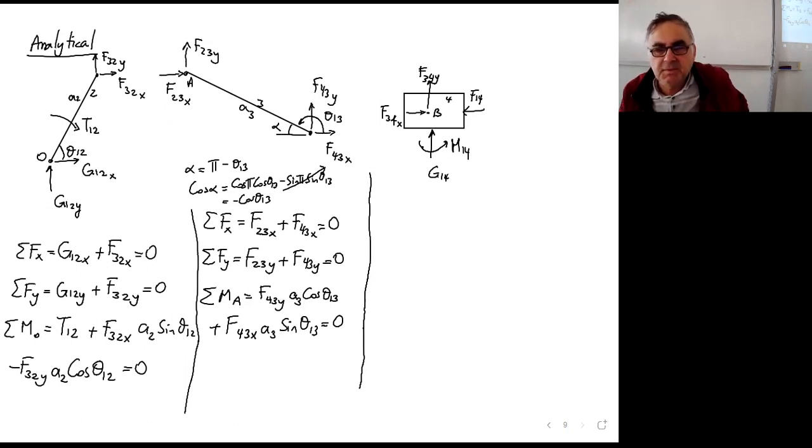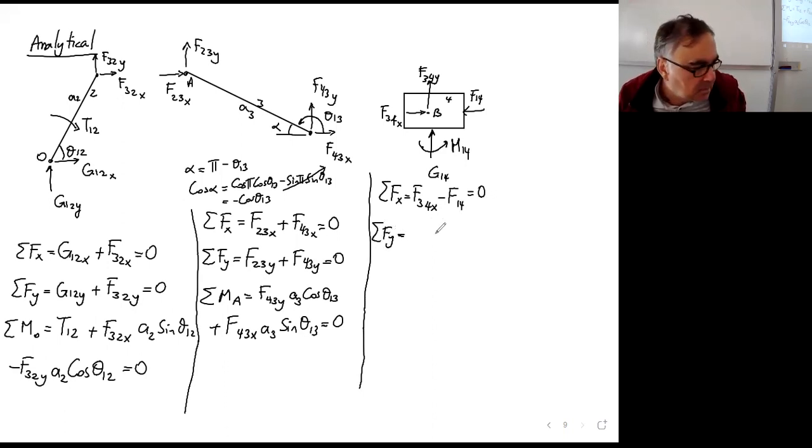Let's look at this one. Summation of forces in the x direction, F34x minus F14 equals 0.